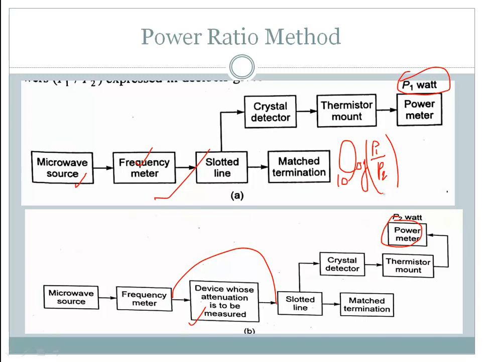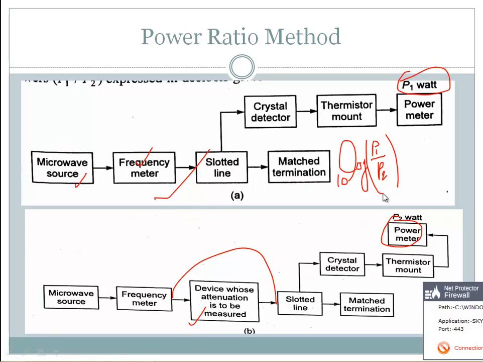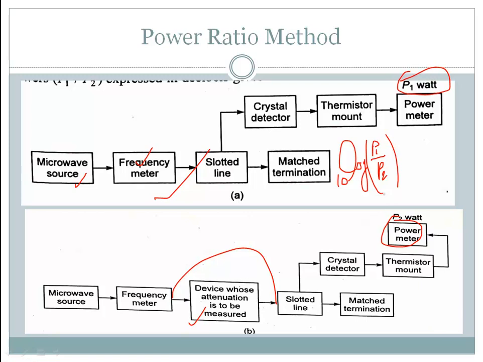Due to this reason, the two powers P1 and P2 measured and the attenuation calculated will not be accurate, and the two powers should be measured under matched condition. In unmatched condition, it is not possible to calculate exactly how much reduction is due to mismatch and how much is due to attenuation of the network.